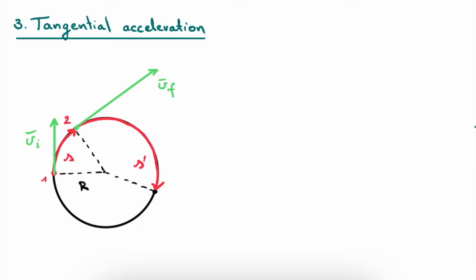So let's write this down. If we went from the 0th second to the 1st second, we traversed an arc length s. And from this, we of course can derive the magnitude of our initial velocity as being s distance in 1 second. Now, if we look at the subsequent second, so if we start at 1 second and we go another second, then we see that we traversed s prime.